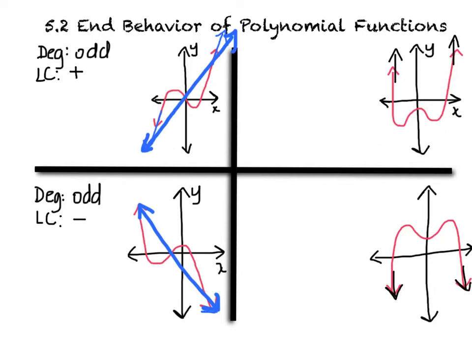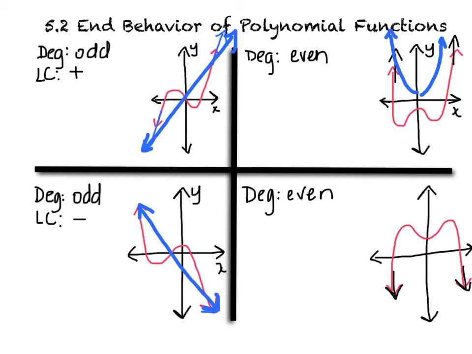This is an even function, so this would be an even degree. And again, I said I wanted you to think about a quadratic because the quadratic is the even function that you know. If I put the parent function of the quadratic on here very roughly, notice that is a positive quadratic and they both end up.